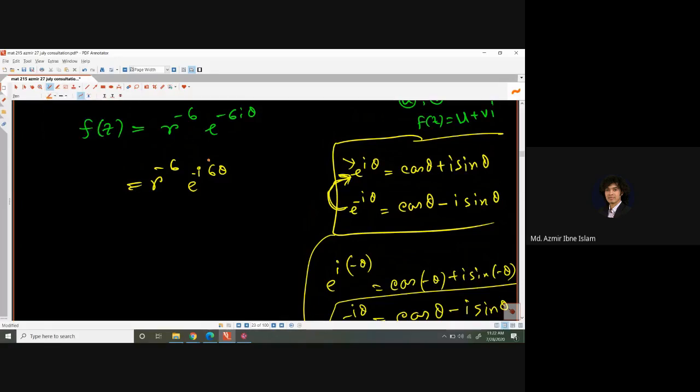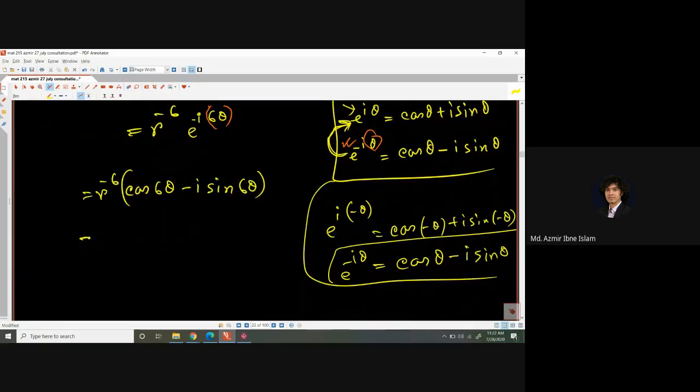Here you can see that this is our theta position. Now we will use this part. So what we can do: r to the power negative 6 cosine theta, that is cosine 6 theta, negative i sine 6 theta.